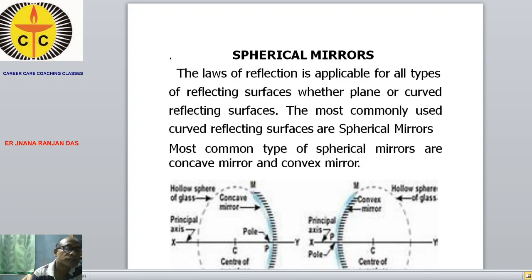The question may come to your mind: what is a spherical mirror?